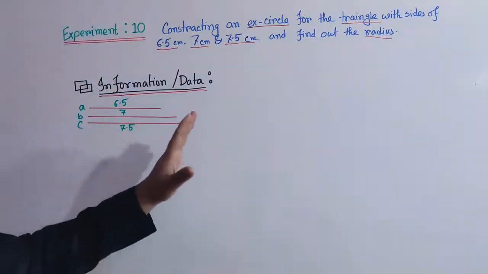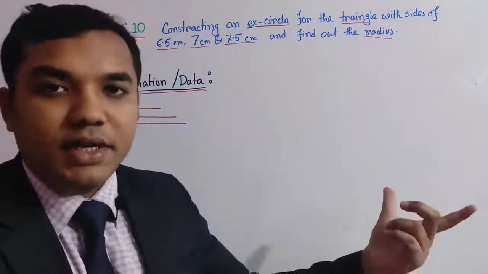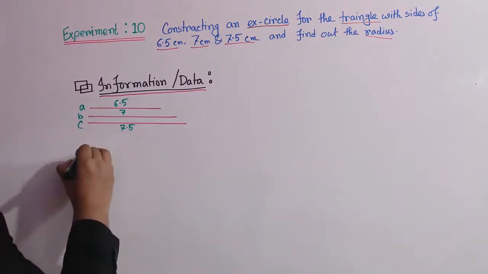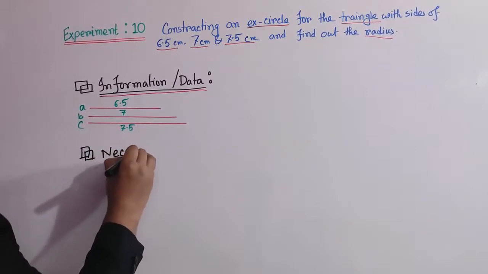To draw the excircle, the triangle and the construction part, first we need some necessary equipment. Which equipment do we need?